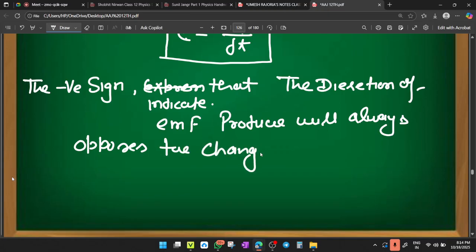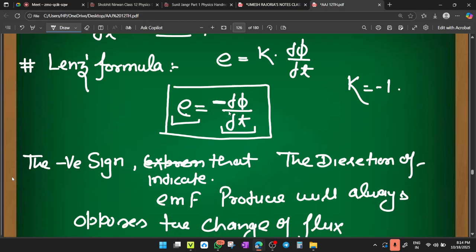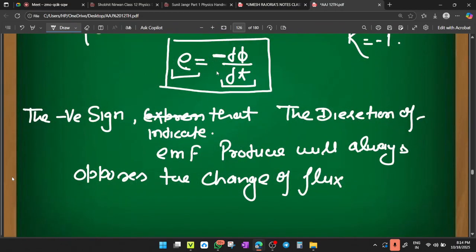Clear or not clear? Change of flux. Yes. Right hand side it is change of flux, and left hand side it is EMF, and the minus sign is for opposition. So here the minus sign says that the EMF produced will always oppose the change of flux.